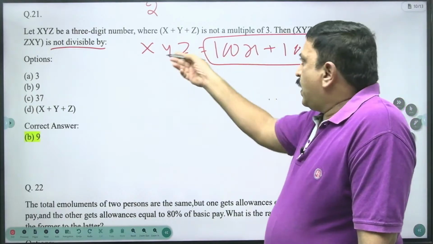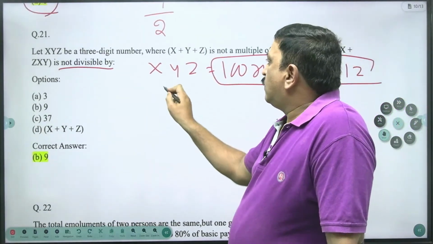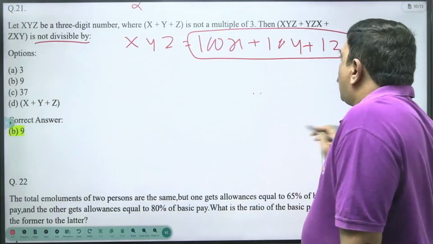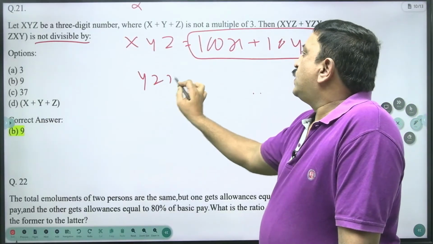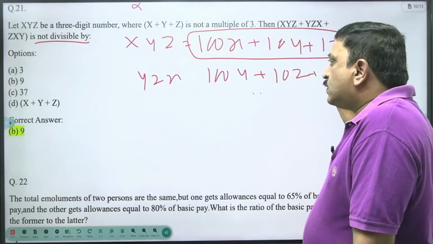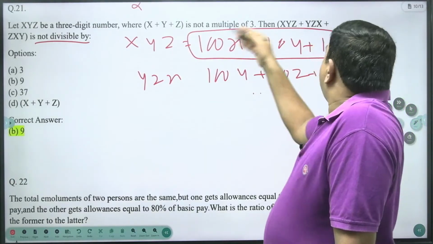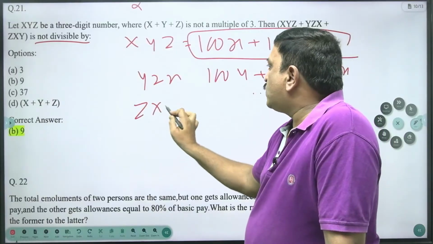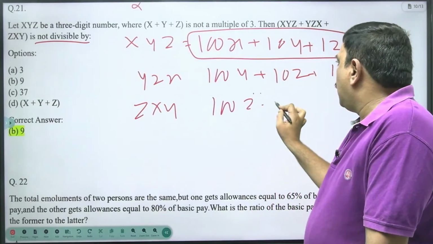This is one number, xyz. What about yzx? yzx is 100y plus 10z plus 1x. Similarly, zxy is 100z plus 10x plus 1y.